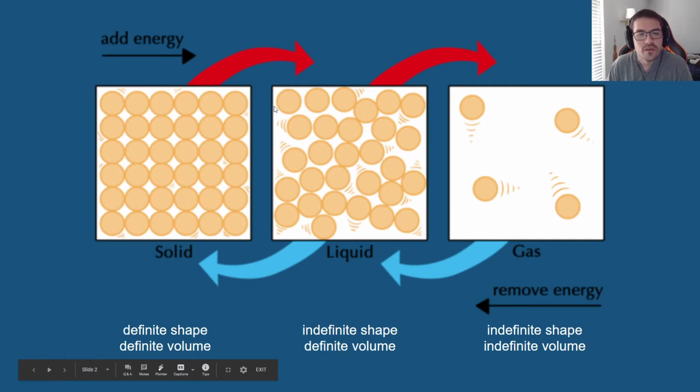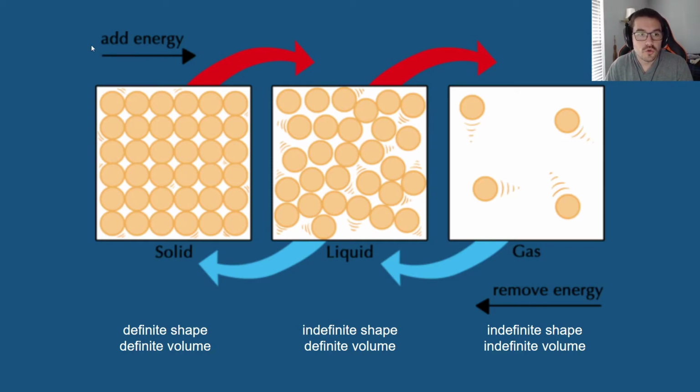And the last thing I want to talk about with this diagram here is these energy arrows. As you add energy to a system, the way that the particles will behave will change. So if you take a solid and you add energy to it, think of it as heating it up, putting it on top of a stove burner or on top of a fire, providing it with energy.